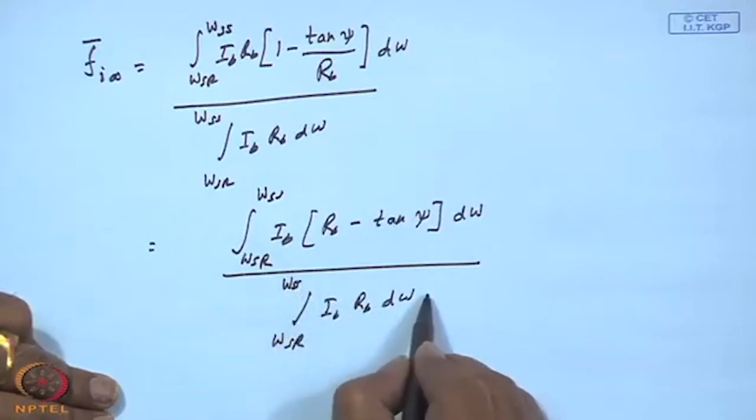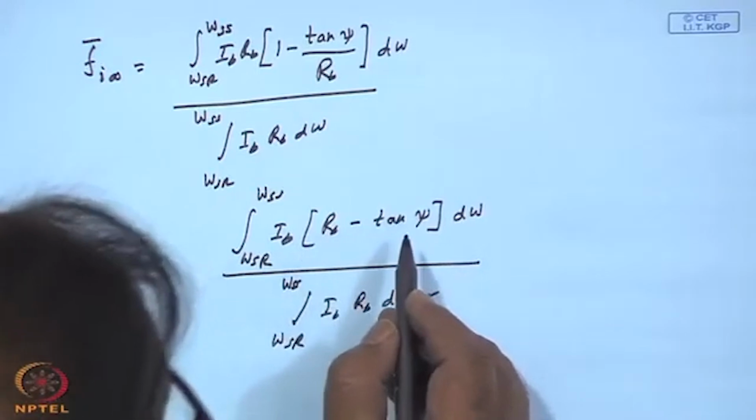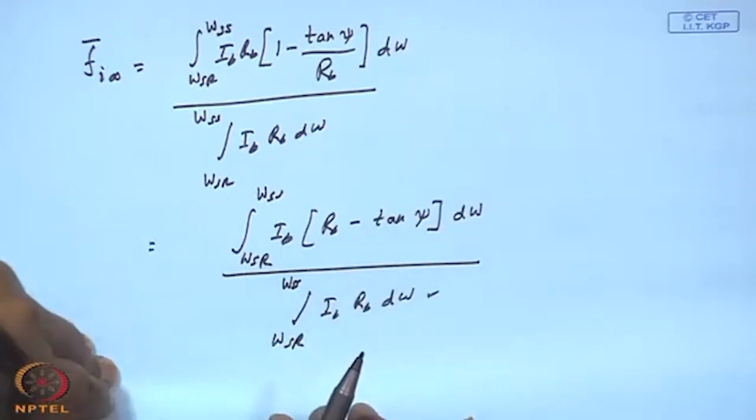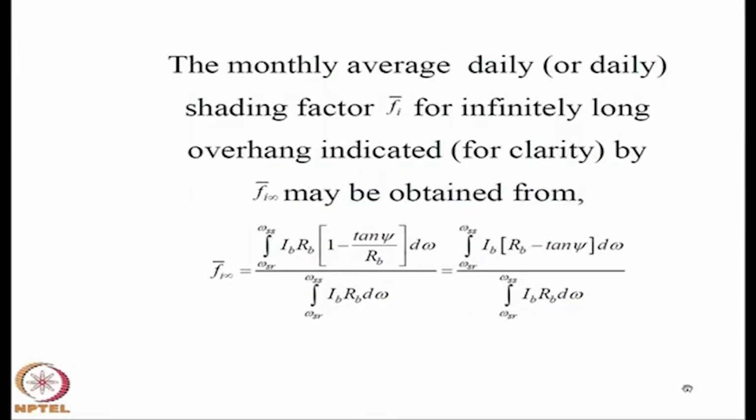This we have done a number of times, and RB and psi are fixed for a given geometry. So it is not difficult to analytically evaluate this expression, which has been done. The only thing is, the assumption is that the overhang is infinitely long.